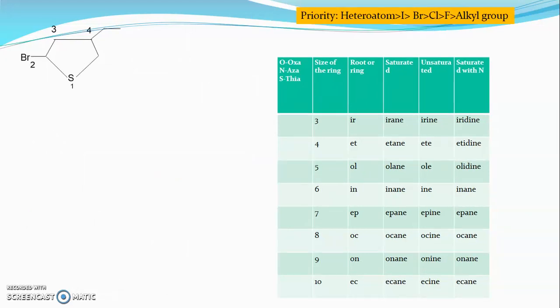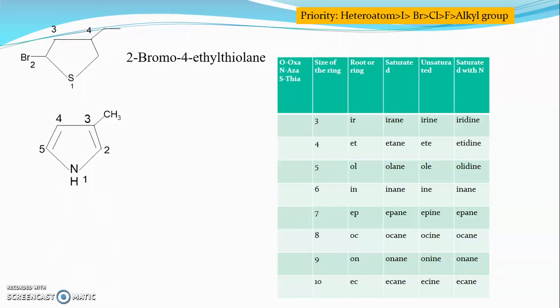Next one. Here it is saturated, because there are no double bonds over here. So it's a saturated sulfur containing 5-membered ring, so it's thiolane already. And 2-bromo, 4-ethyl thiolane. Here again that nitrogen comes with that hydrogen and gives us a problem.